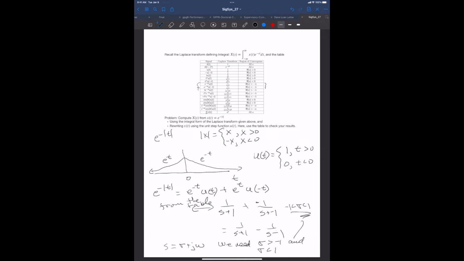Now I'm going to use the definition to compute the exact same part. You'll understand more about what that region of convergence means. So let's look at that.